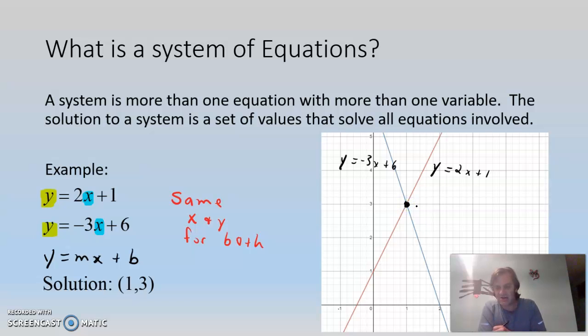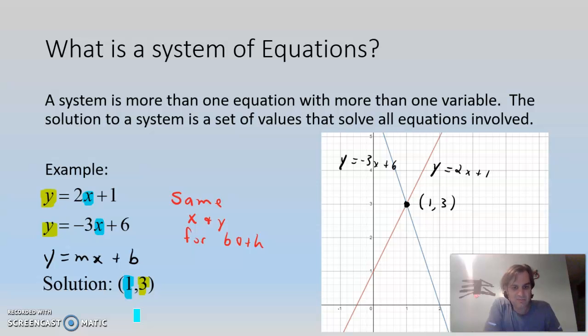We could use the y-intercept and the slope to graph them. But where do they cross? They cross at a point that is 1 for x and 3 for y. Well, that is the x, y value that would work in both equations. So that is the solution: x being 1, y equals 3.